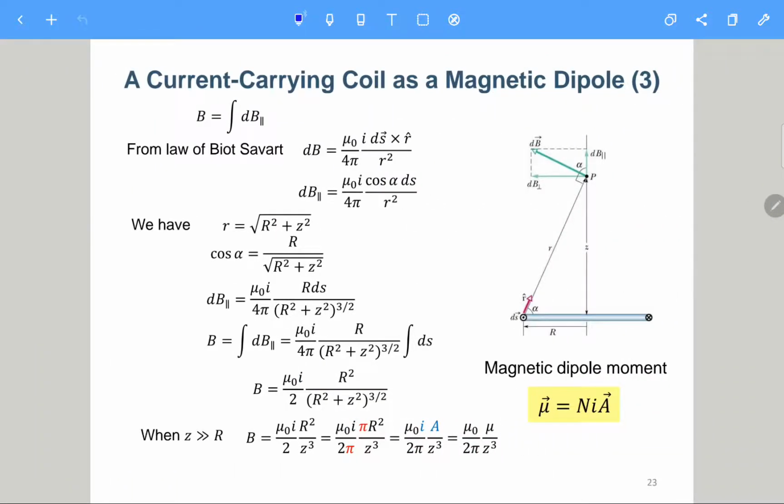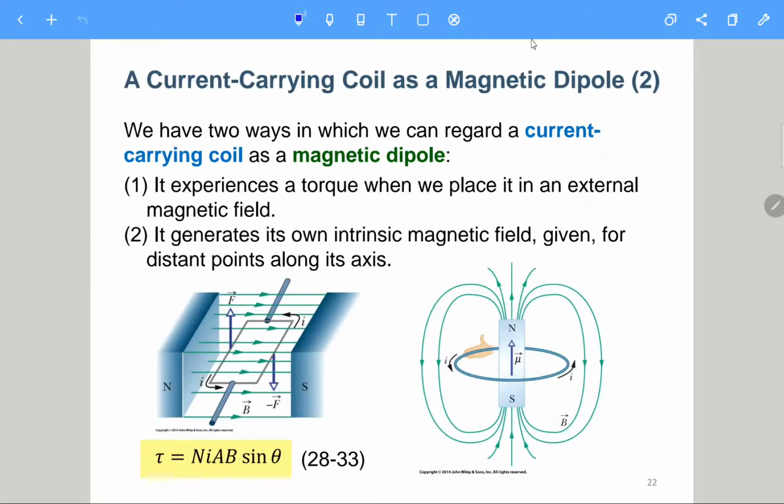We will try to derive this one, but before that, let me explain a little bit more. We have two ways in which we can regard a current carrying coil as a magnetic dipole. One way I just mentioned is that they generate the same magnetic field in the space if you set the current correctly, because this mu is NIA.